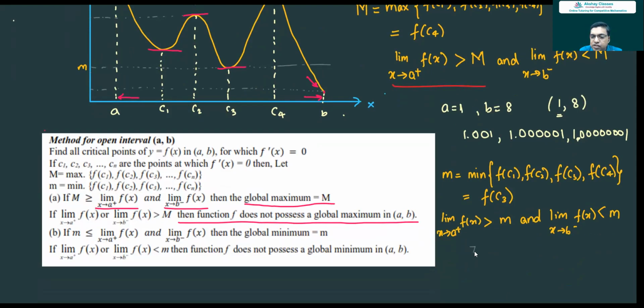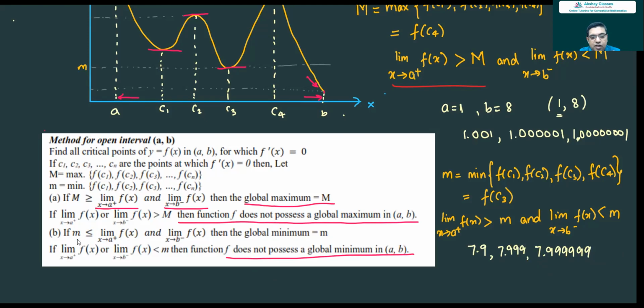For x equal to 7.9, no, between 7.9 and 8 there are infinite numbers. Between 7.999 and 8, infinite numbers. Between 7.99999 and 8, infinite numbers. So you cannot define a particular value of the function which is the minimum. So that's why in such a case we say it does not possess a global minimum.